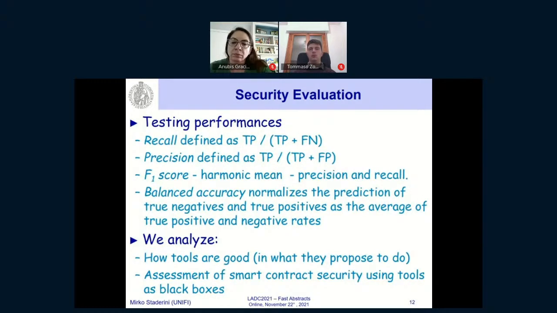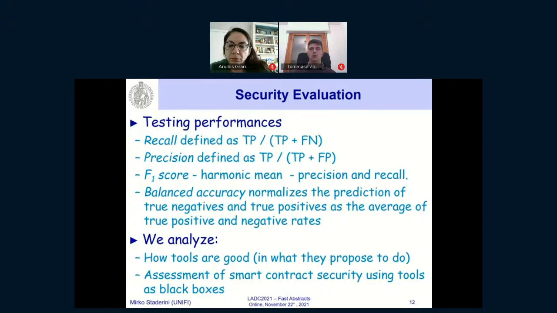So, using the confusion matrices of each tool, we can define some performance indicators such as recall, precision, F1 score, and balanced accuracy. Balanced accuracy permits us to analyze unbalanced data, and in fact, in our case, true negatives are more than 90% of the total of our data.